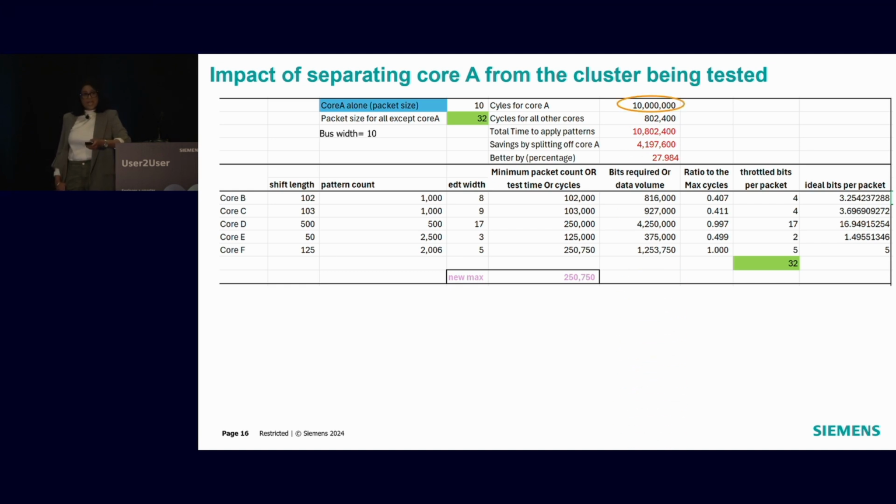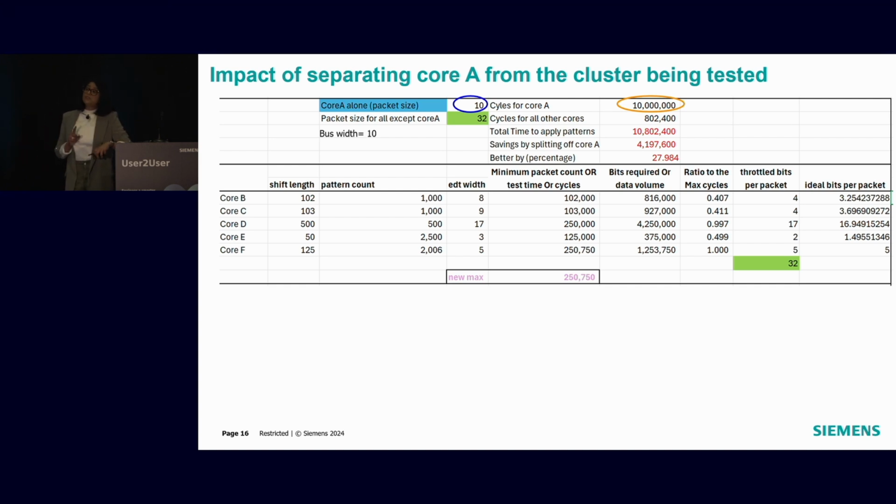Core A, which was taking 10 million cycles, I separated it out, still taking 10 million cycles, but the factor is 1.5. Earlier the factor was 1, so even if it was getting multiplied by the max cycles, it wasn't impacting anything in the game.